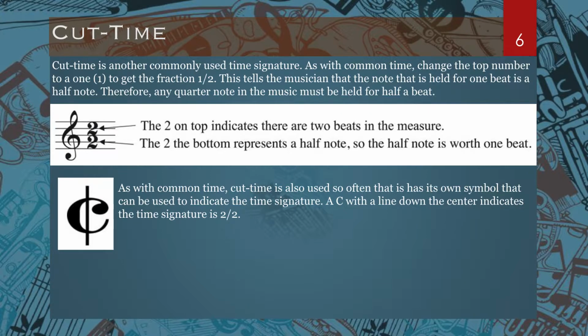As with common time, cut time is also used with a shorthand so that you can easily see the time signature. If you see the C, which would be the common time signature, with a slash right down the middle, that indicates the time signature is going to be 2/2.